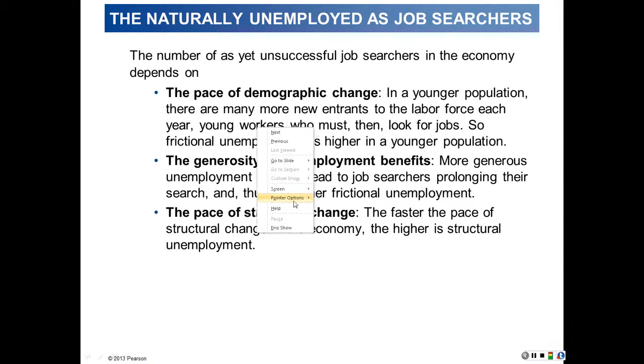Because with a younger population, you have every year a very large number of high school and college graduates. You have every year a large number of new entrants to the labor force. And these people, they may have skills that are currently in demand, but it will take them a short while to find a job. So they will be frictionally unemployed in the interim. Is that correct?